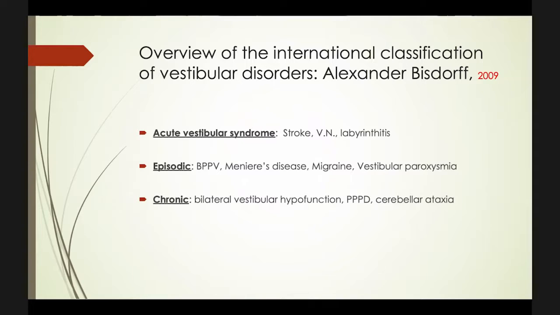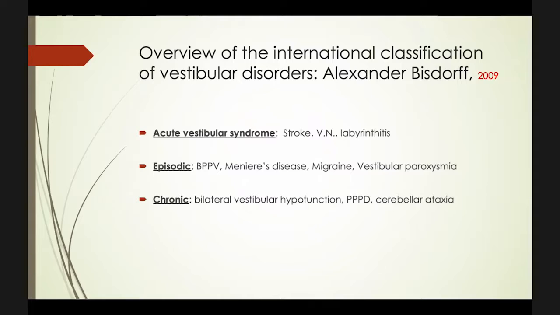The episodic comes in attacks, and in between the attacks, the patient is supposed to be completely free, like BPPV, Meniere's disease, migraine, and vestibular paroxysmia. Chronic is the bilateral vestibular hypofunction, or the PPPD, which is the persistent postural perceptual dizziness, or cerebellar ataxia.